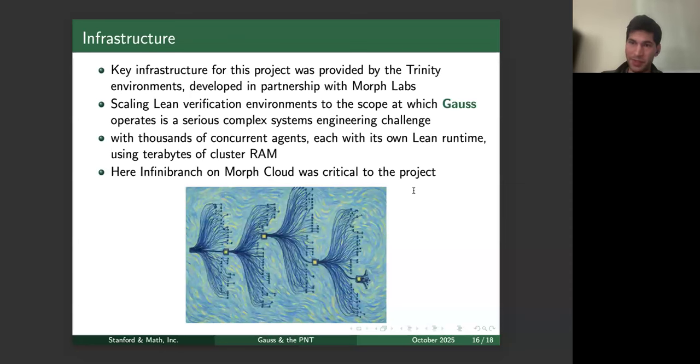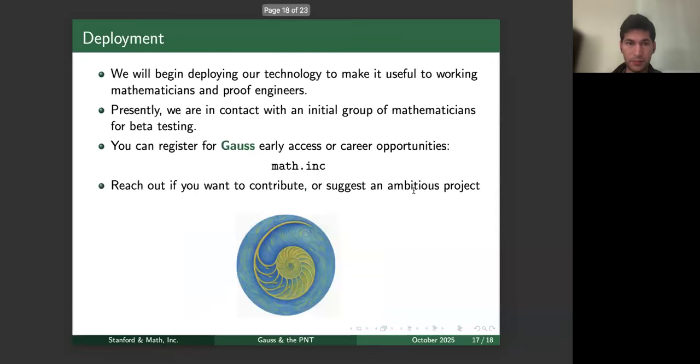But the mental model that you might want to have is thinking about having thousands of instances of Gauss spawning to try to prove a particular result, each having its own environment and Lean runtime, and using terabytes of a cluster of RAM. And this so-called InfiniBranch technology developed on the Morph Cloud was critical to the success of this project.